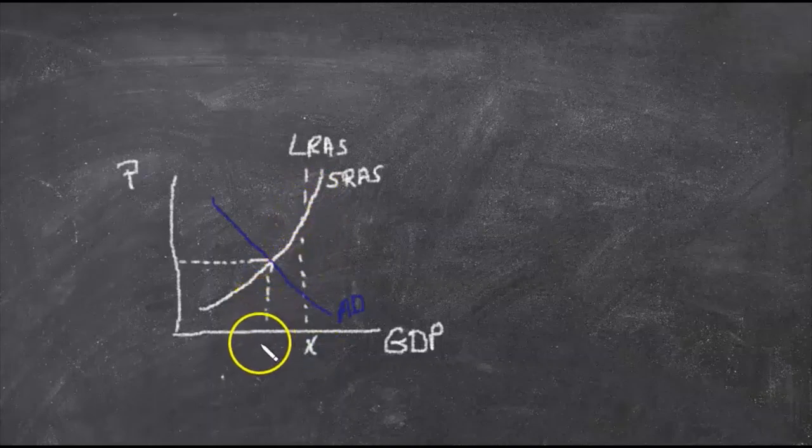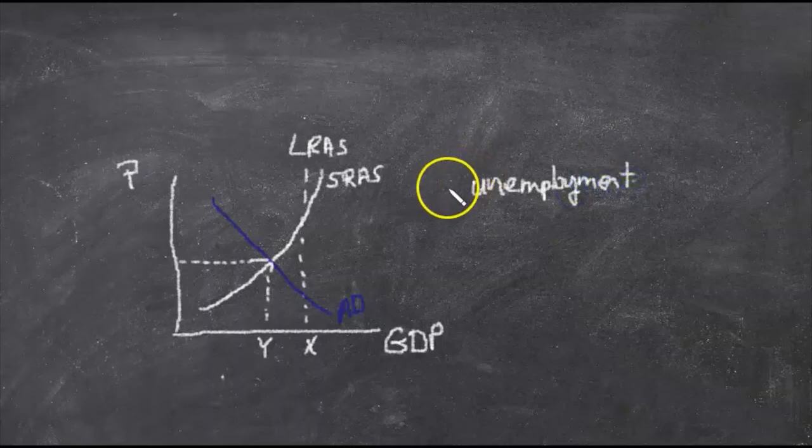But in fact, we're down here. This is where our production is. We're over here. And in this situation, we have unemployment. So we have cyclical unemployment. We're below potential GDP. And because we have cyclical unemployment, we have people that are looking for work.